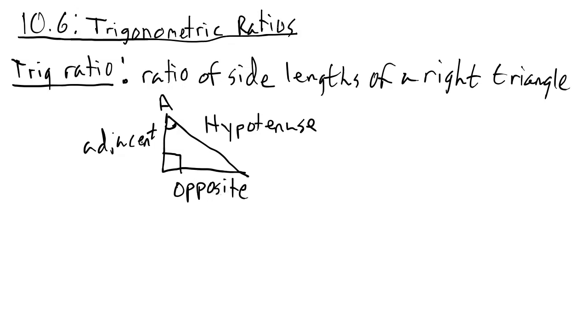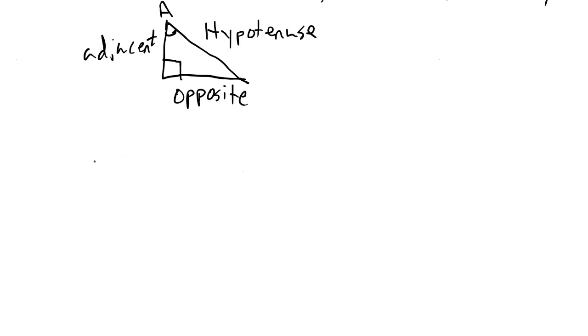So what ratios can we have for this triangle? Well, we could have three different ones. We could have the length of the opposite over the hypotenuse. That's our first ratio.